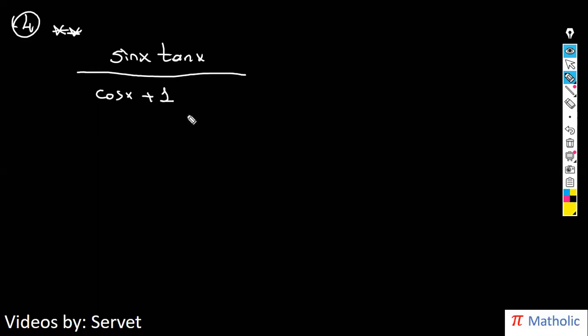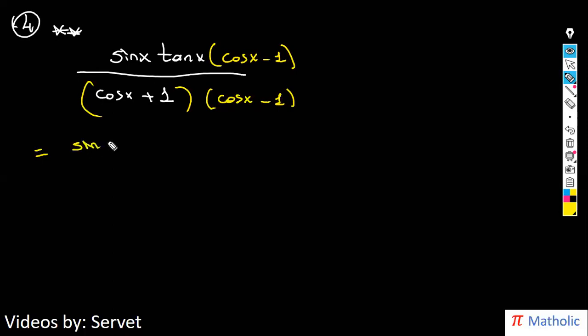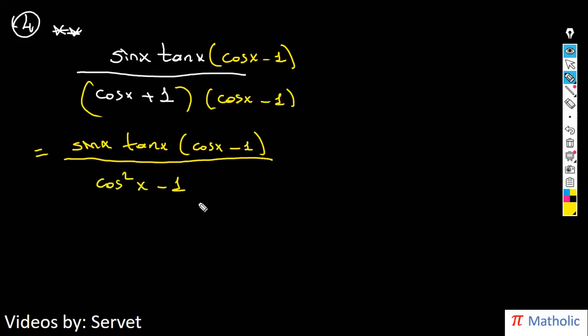As we mentioned before, in this kind of question, we multiply denominator and numerator by the conjugate. So let's rewrite sine times tangent times cosine minus 1 over cosine squared minus 1.